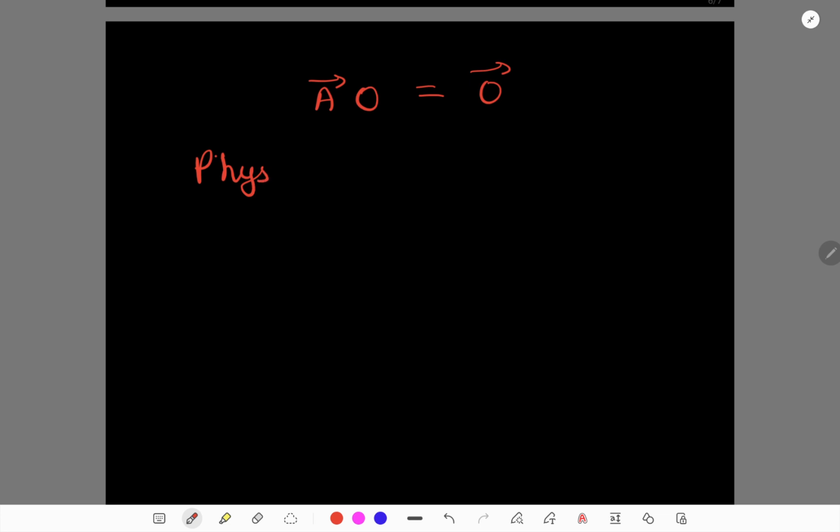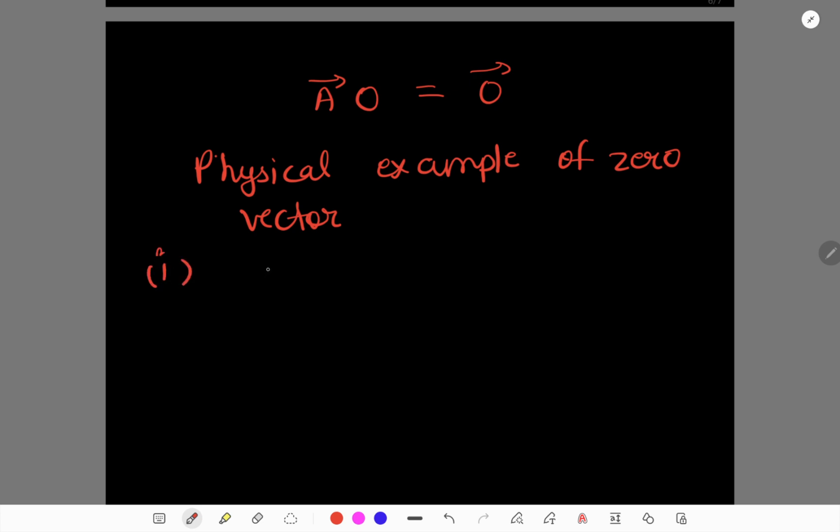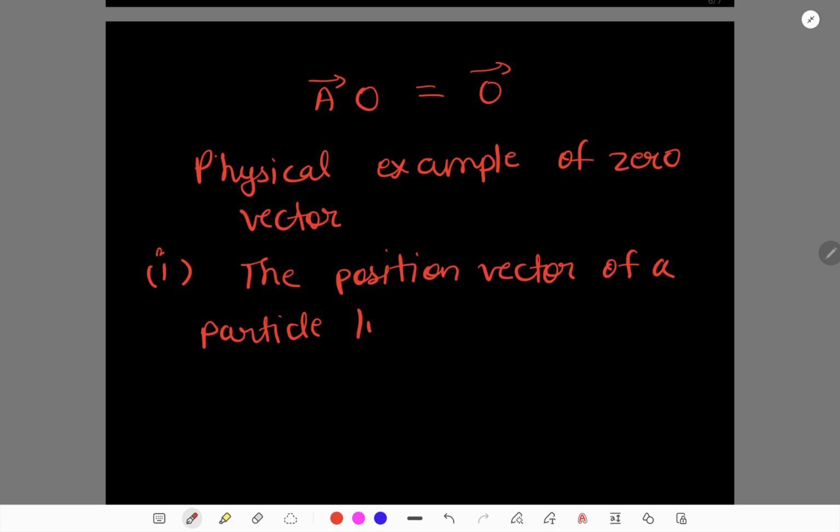Physical examples of zero vector. The position vector of a particle lying at the origin is a zero vector.